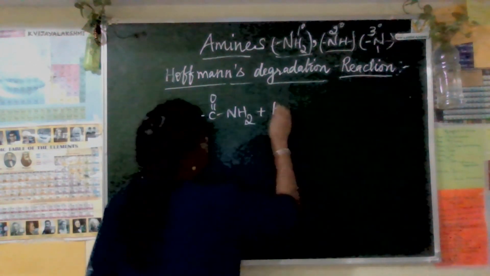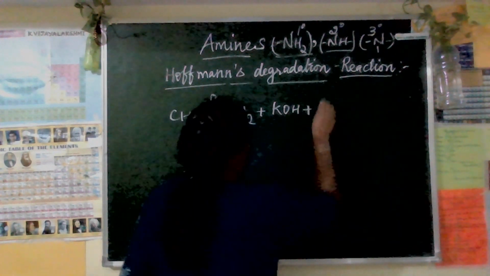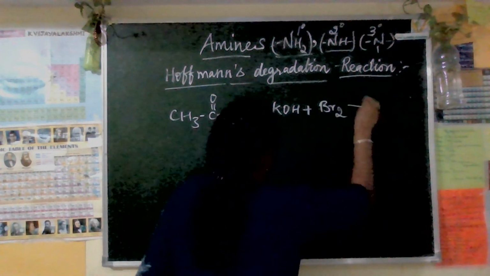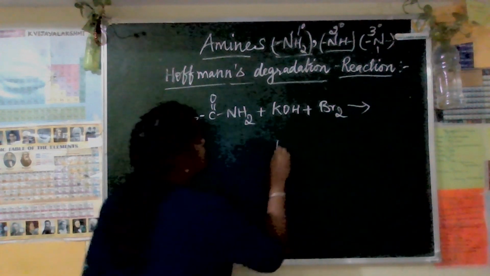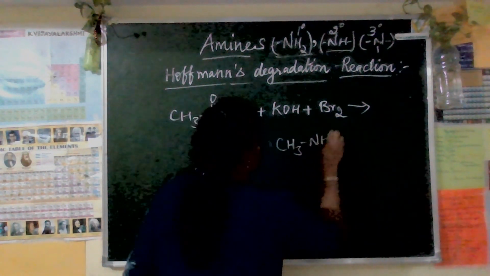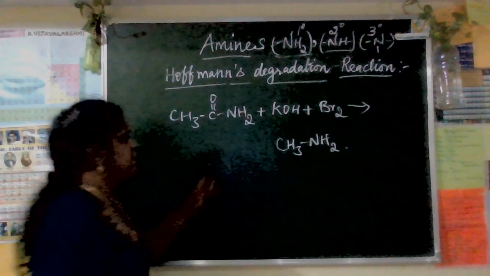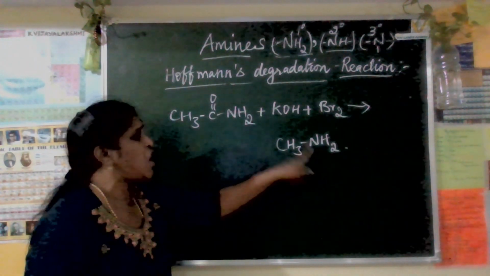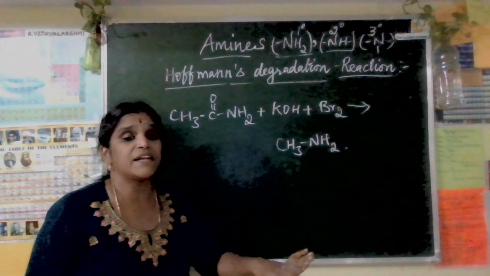Acetamide combined with potassium hydroxide along with bromine, you are getting CH3NH2. Okay, now CH3NH2 means the number of carbons has decreased.